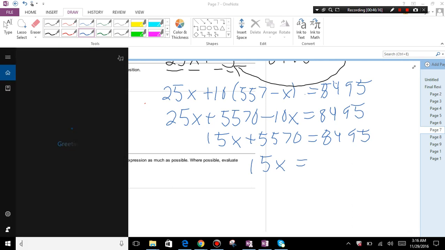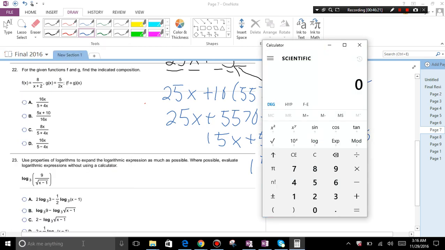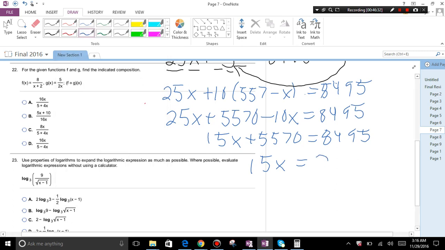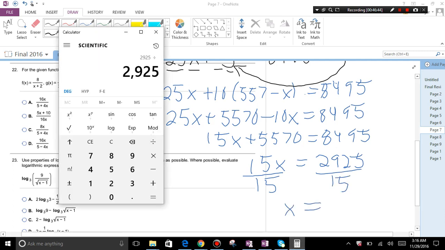Let's do that. $8,495 minus 5570 equals 2925, and now my intention is to divide that by 15. x is equal to 195.